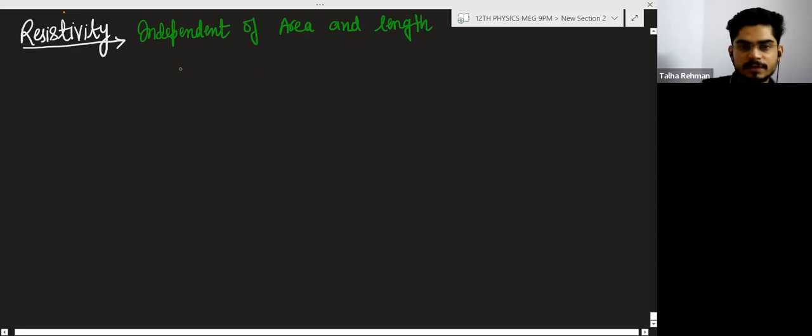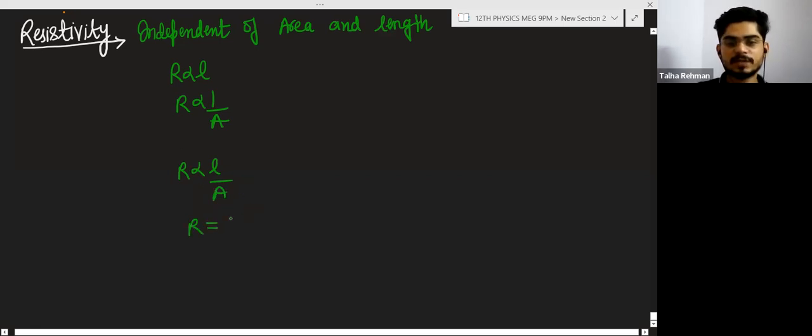We know that resistance is directly proportional to length and inversely proportional to area. When you remove the proportionality sign, you get a constant, and that constant is known as resistivity, rho.